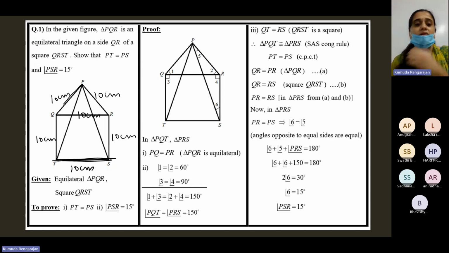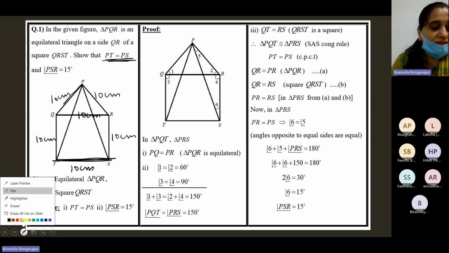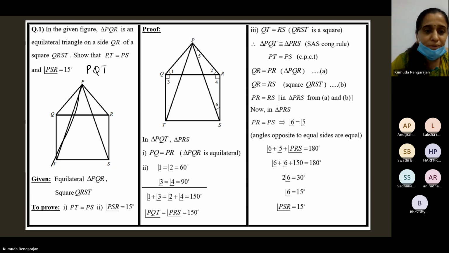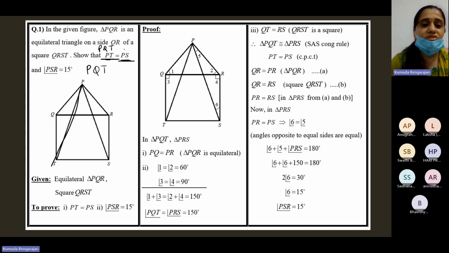Now, given this information, we need to show that PT is equal to PS. PT is a side of which triangle? It's a side of the triangle PQT. And PS is a side of the triangle PRS.